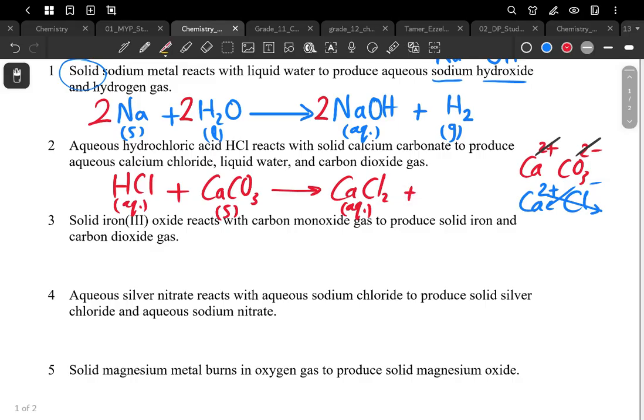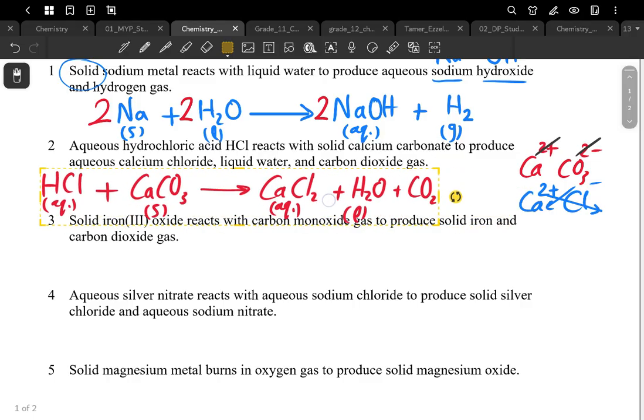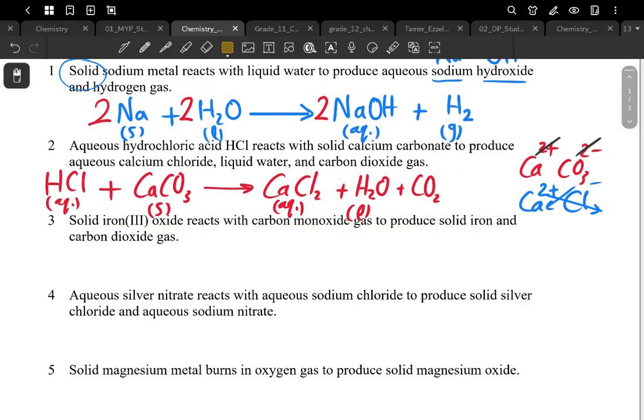And liquid water H2O, which is liquid, it's written in the question, and carbon dioxide gas, CO2, okay? After writing the formula of each compound, or each component, or each species in the chemical reaction as reactant or product, now let's balance them, okay?